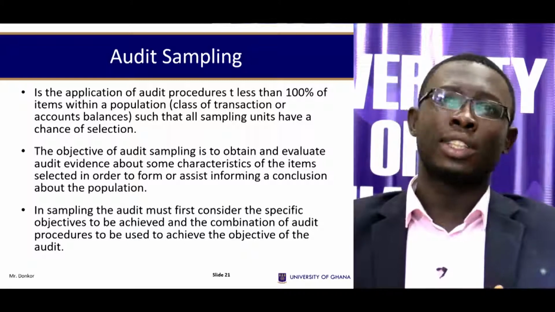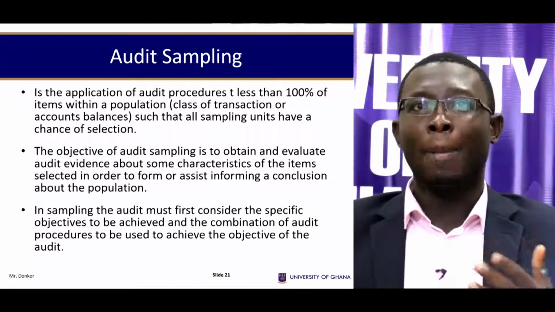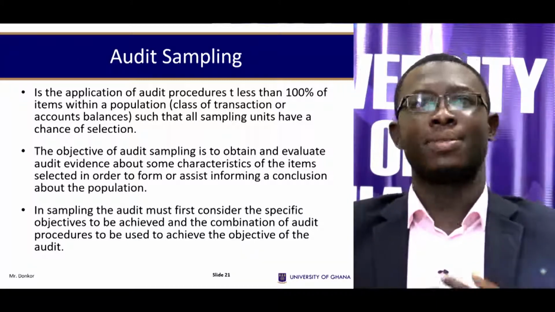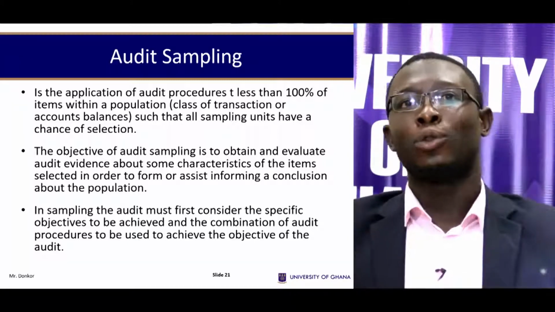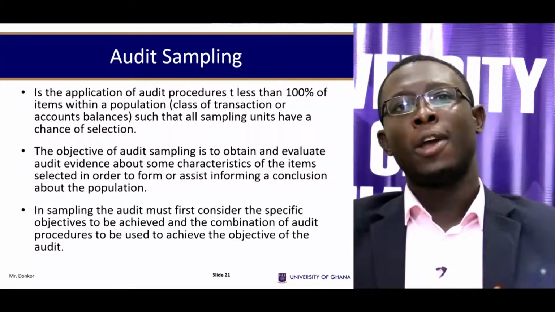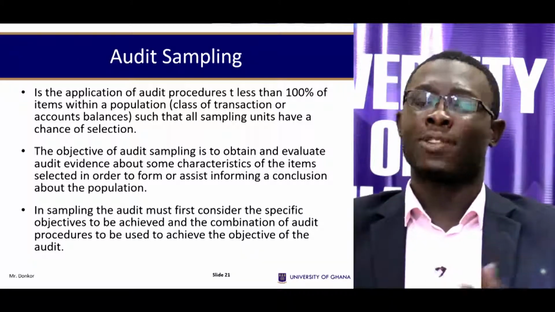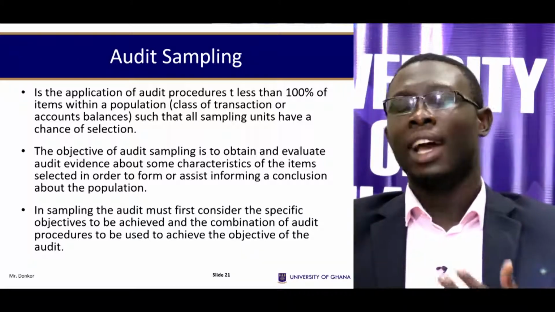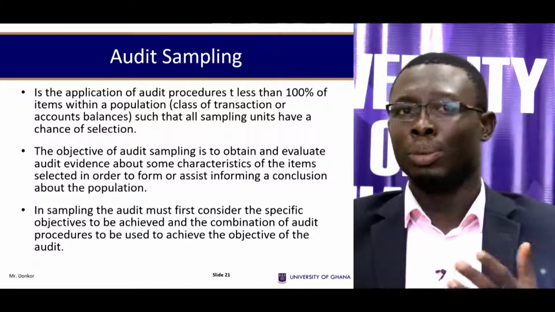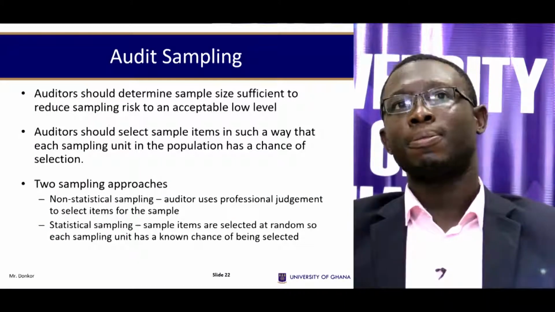The objective of audit sampling is to obtain and evaluate audit evidence about some characteristics of items selected in order to form or assist in forming a conclusion about the population. In sampling, the auditor must first consider the specific objectives to be achieved and the combination of audit procedures to be used to achieve the audit objective.